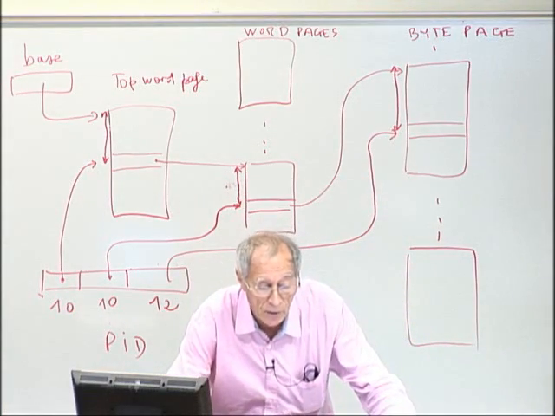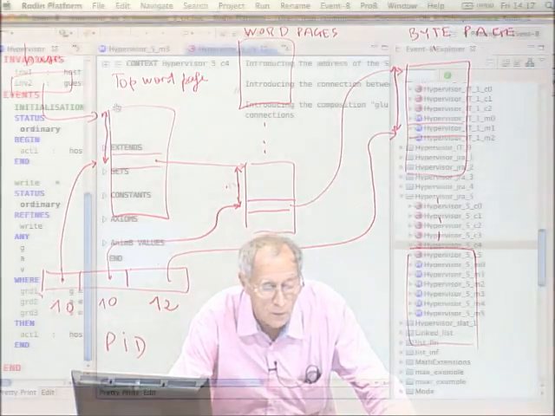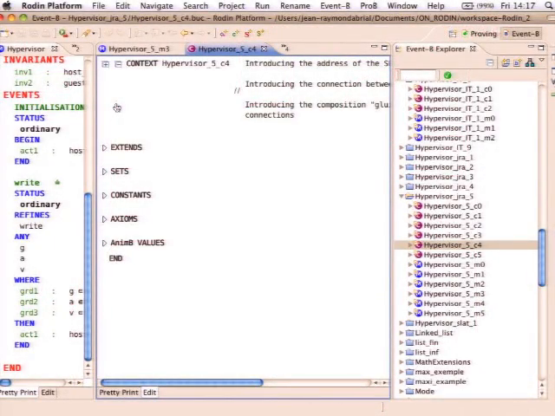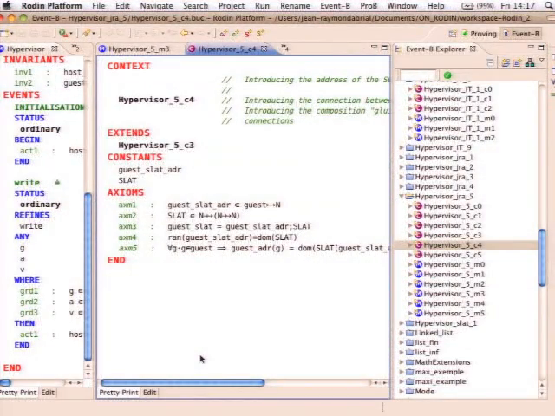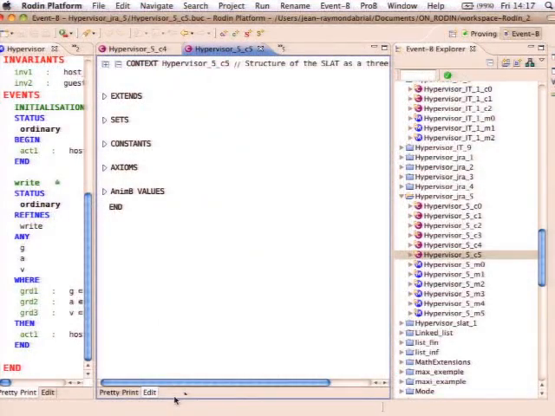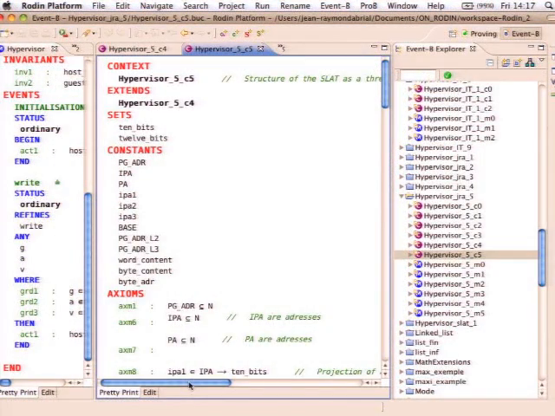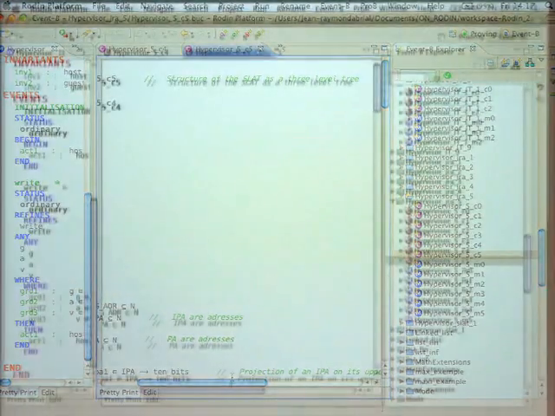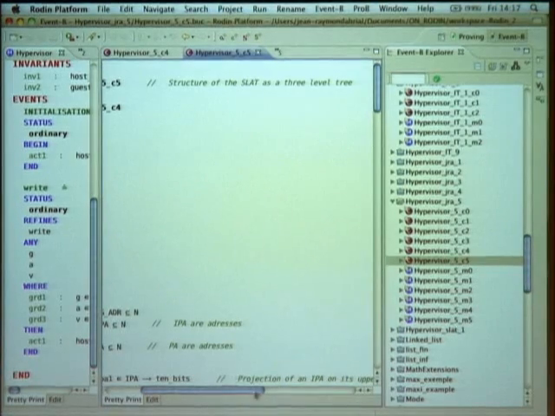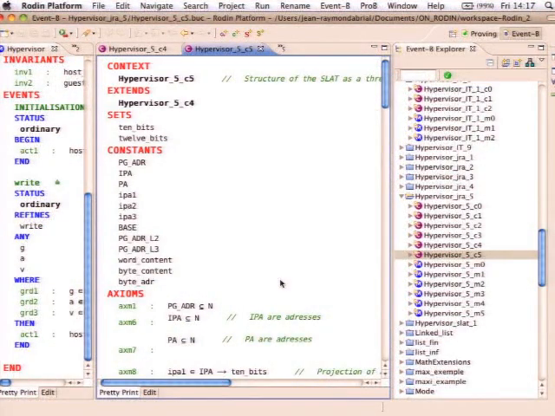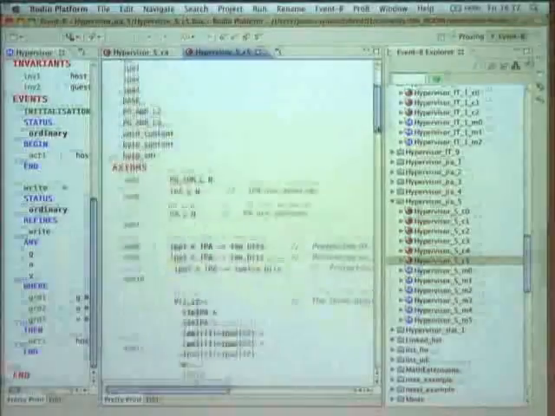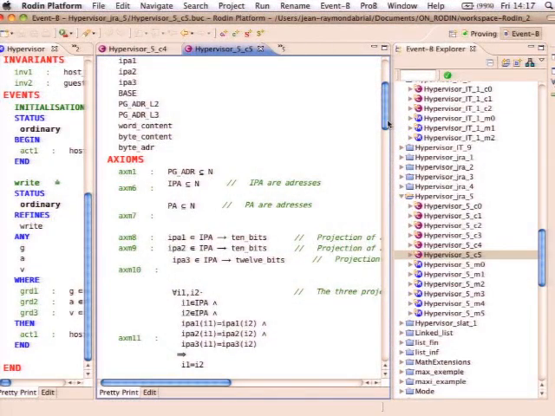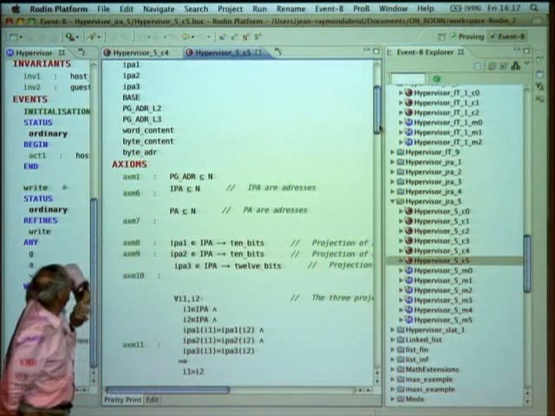So this is defined, I think, in this. No, this is defined in the next one. So this is defined here. So this is a structure of the slat as a three-level tree, and we are going now to decompose our address. So we have a notion of IPA and a notion of PA, and these are all page addresses.